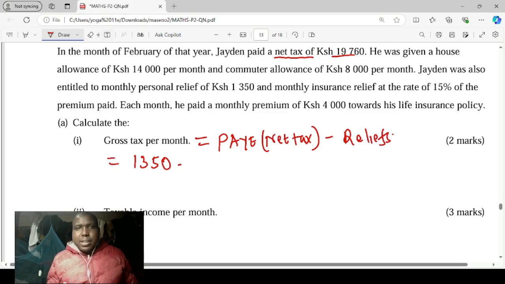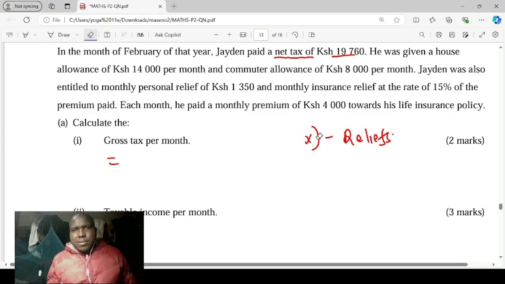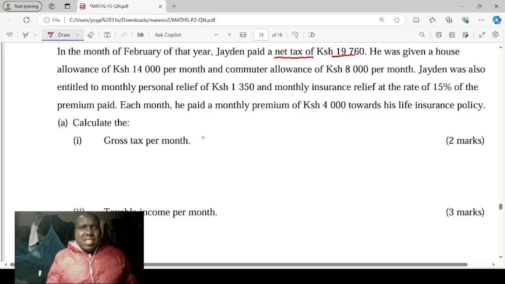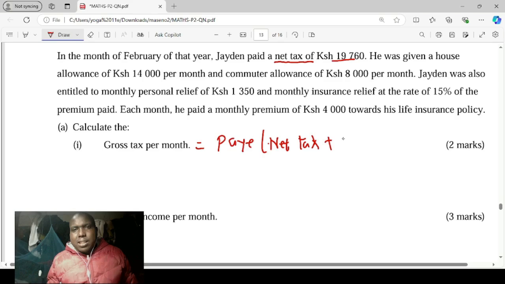Okay, let me. I think hapa nimekosea. We know that gross tax is equal to pay or net tax plus reliefs.